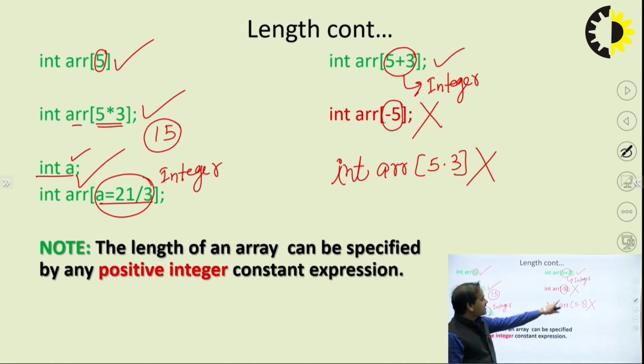So we can't write like this, although these declarations are all correct in terms of syntax. We write here a note: the length of an array can be specified by a positive integer constant expression. That must be a positive constant expression.